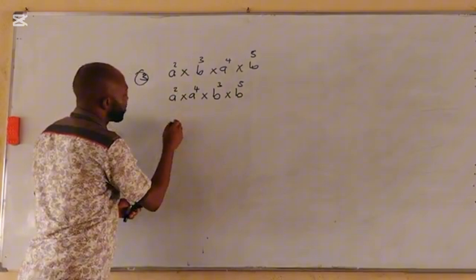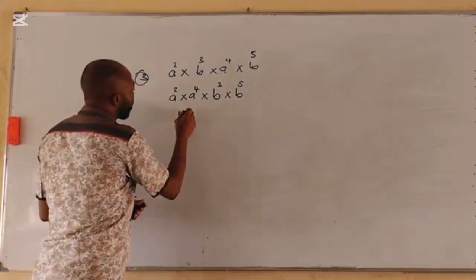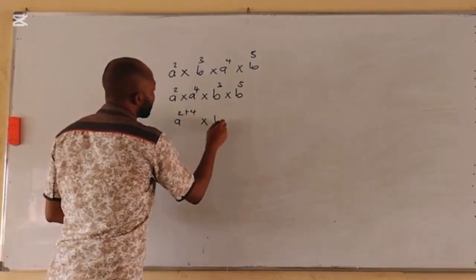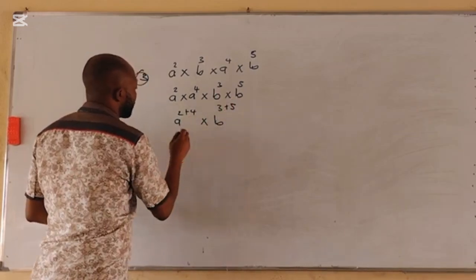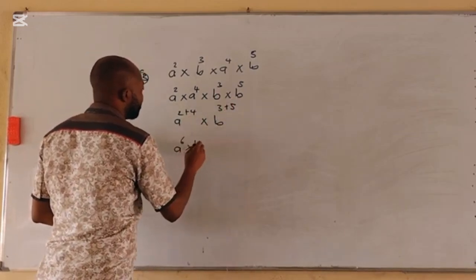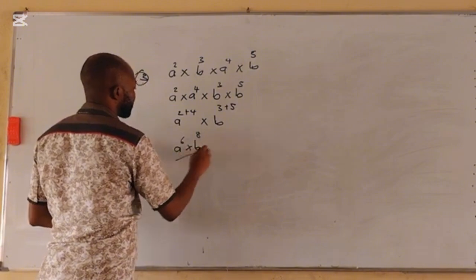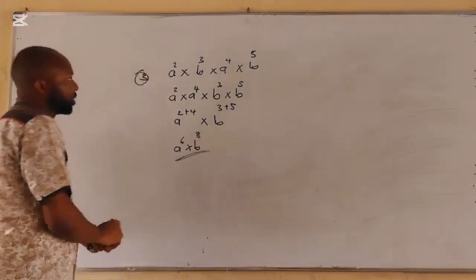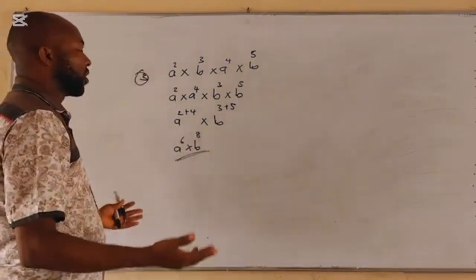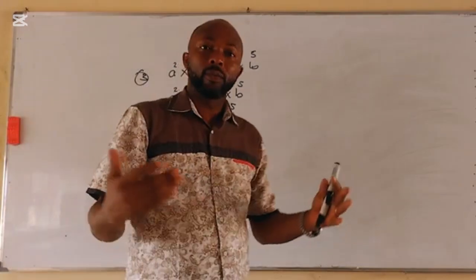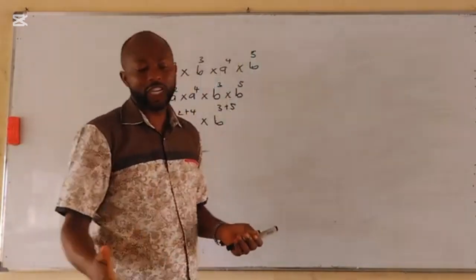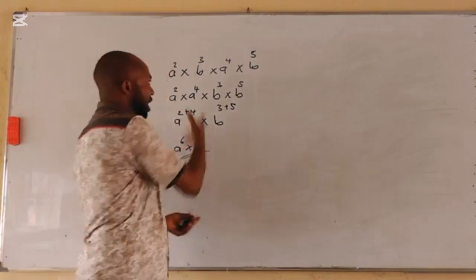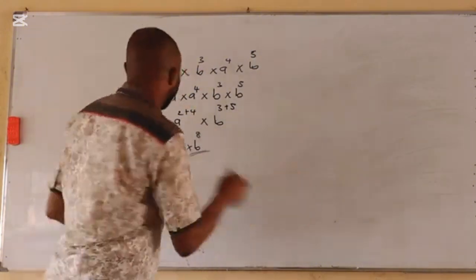So here I will have a raised to the power 2 plus 4 times b raised to the power 3 plus 5, and this is a raised to the power 6 times b raised to the power 8. So this goes in the multiplication law. Now if I want to take real variables that have real numbers, let's see what that becomes.